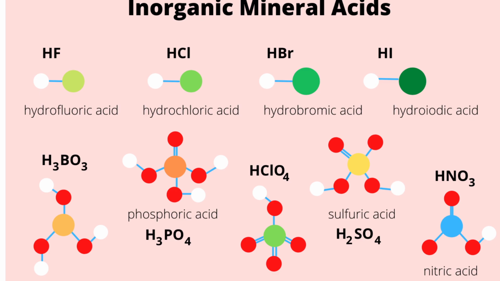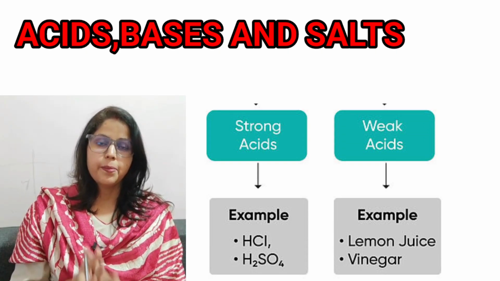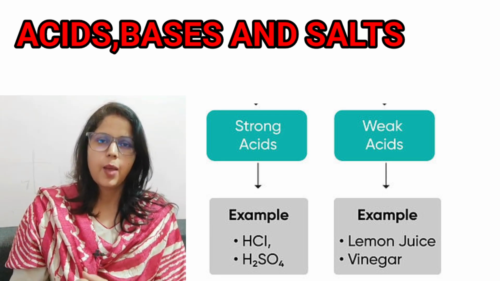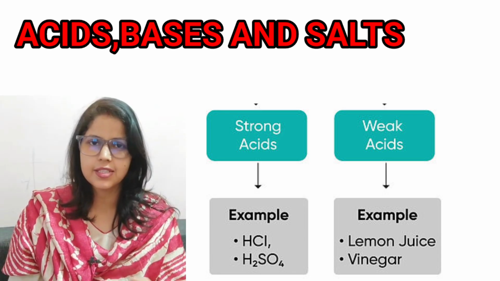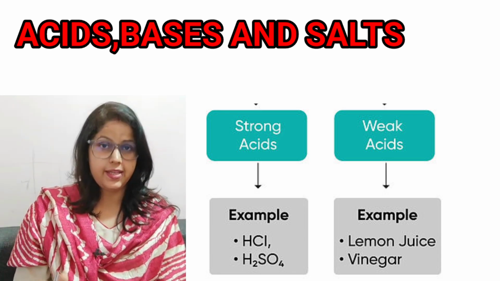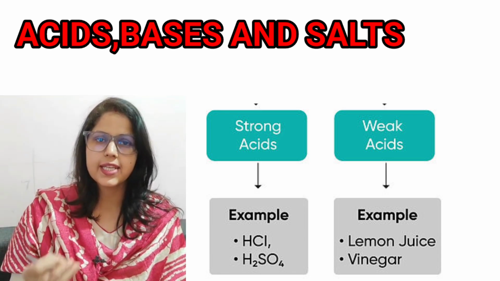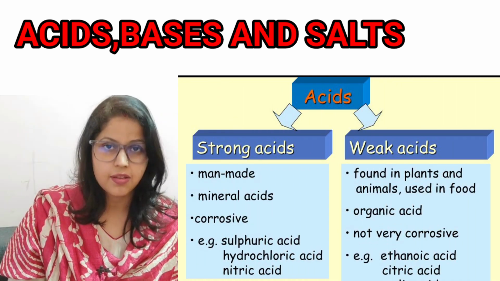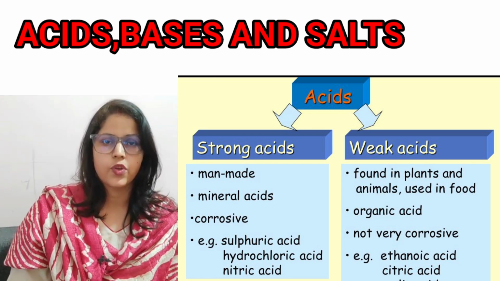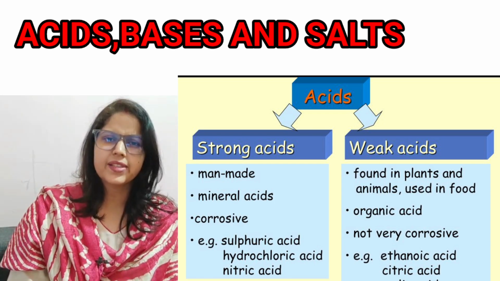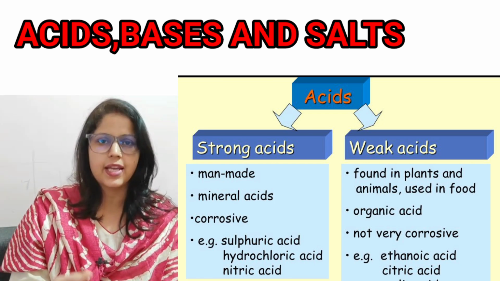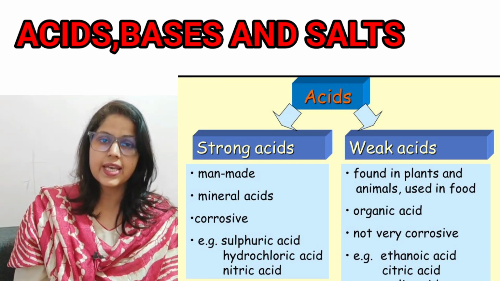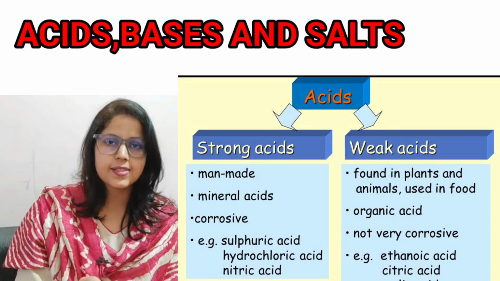Then further, based on their strength, meaning how strong or weak an acid is, acids are categorized into two parts, strong acid and weak acid. A strong acid causes severe burns if it contacts your skin and is highly corrosive in nature. Most mineral acids like sulfuric acid are strong acids. Whereas a weak acid is one that is less corrosive in nature.